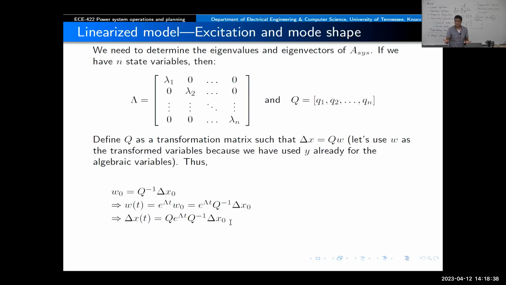Delta x 0, for the system we just saw before, the single machine infinite bus with two-axis model: 4, because we have 4 state variables. So the vector Q inverse delta x 0 is a vector of 4 terms. But because the matrix exponential of lambda t is diagonal, what is the meaning of each of these terms?